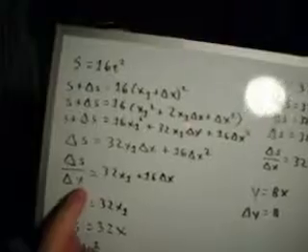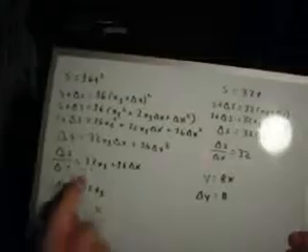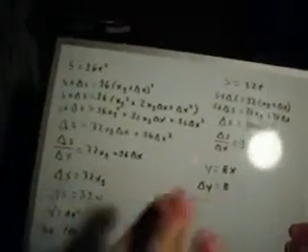Now we know that we can't change that delta x to 0, because if we do, then we're dividing by nothing. And that's absurd. But we're going to suppose it is possible. We're going to say, hypothetically speaking, it is possible to replace that delta x with 0. If that be true, then delta S equals 32x1.